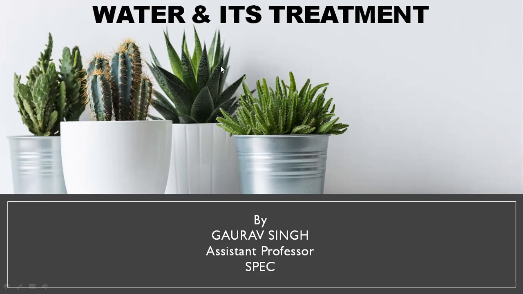In that, we'll discuss types of hardness, degree of hardness, units of hardness, determination of hardness of water, potable water and its specifications, and treatment of water for municipal supply. So these are the topics which we are going to discuss today. So let's begin.